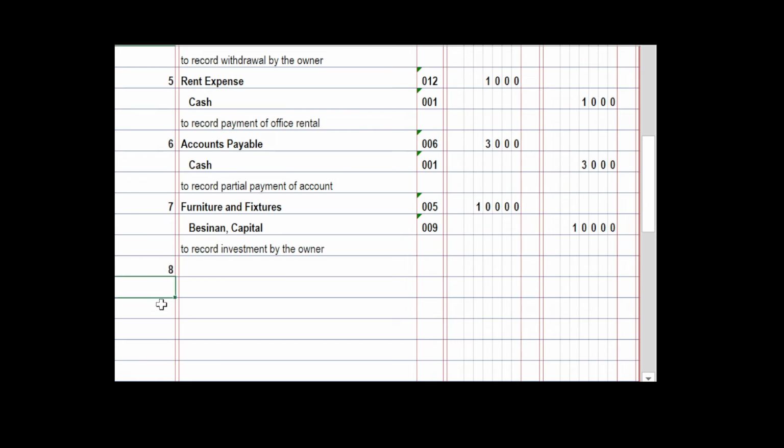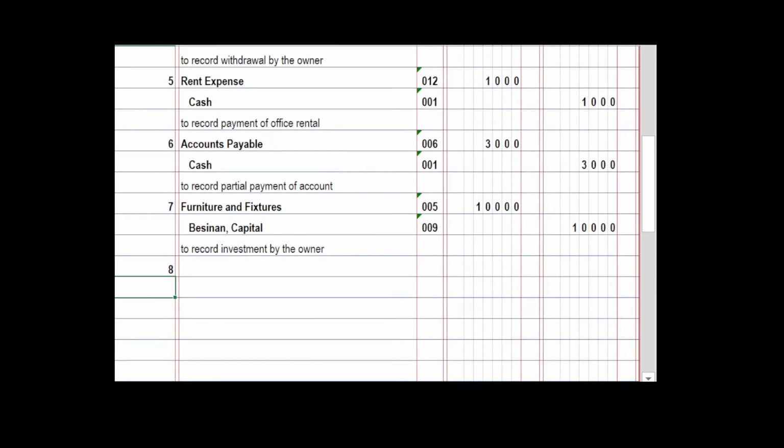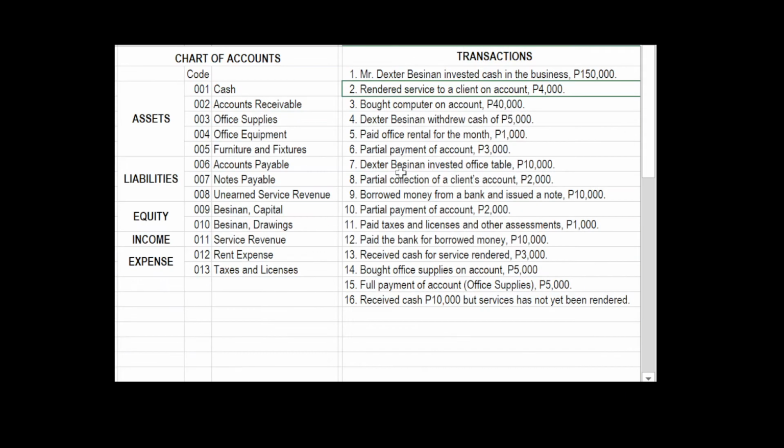Next, transaction number 8. Partial collection of client's account. Ibig sabihin, nakakolekta tayo partially sa ating client. Kanina meron tayong receivables dito sa number 2. So, partially nito, na-collect natin. Yung na-collect natin is 2,000. Ano yung pumasok sa business? Nakakolekta tayo ng pera. So, debit tayo ng cash, 2,000.